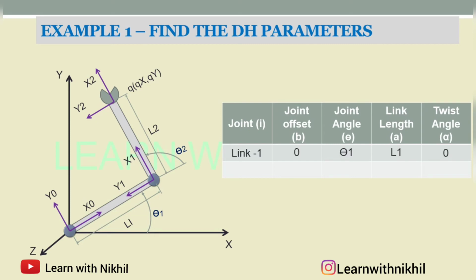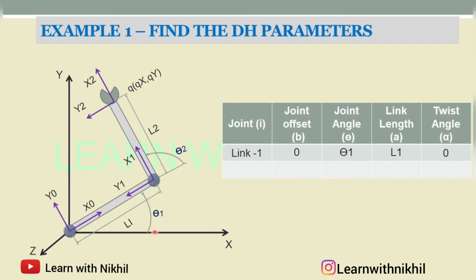So for the link 1, for this first link, the joint offset is 0, as I have told that it is not moving along the z axis, and this length is not there. So this joint offset remains 0. Then the joint angle is theta 1. So this angle is theta 1. We have rotated along the z axis.